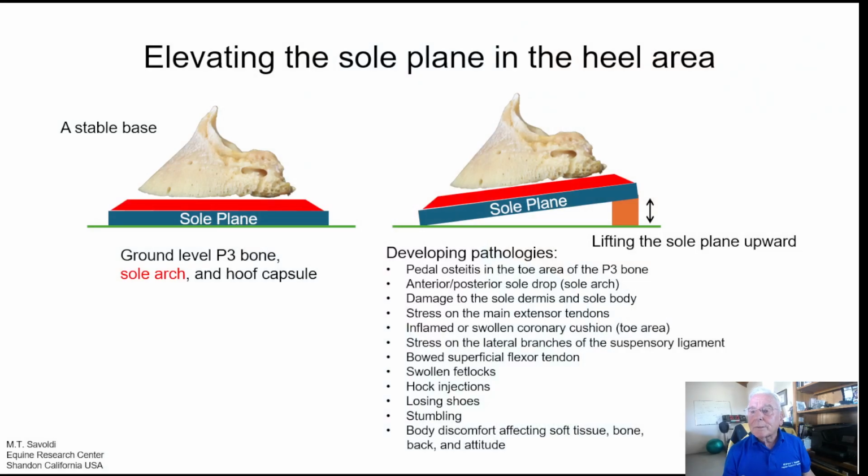The next one, stress, inflammation and swollen coronary cushion. That's a good one. Why is it? Upright horses, when the bones move through the limb on an upright horse, the P2 bone presses against the coronary cushion, which pushes it out. That also creates the upper curve to your hoof wall.